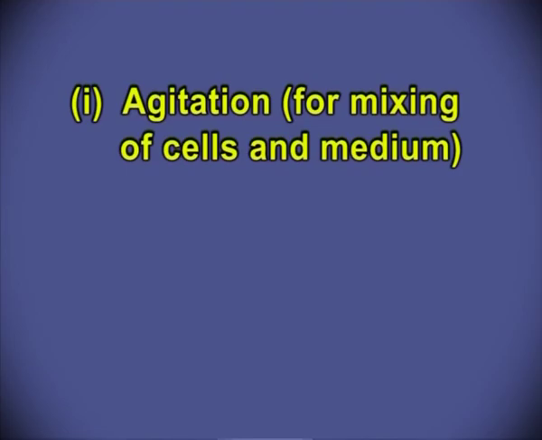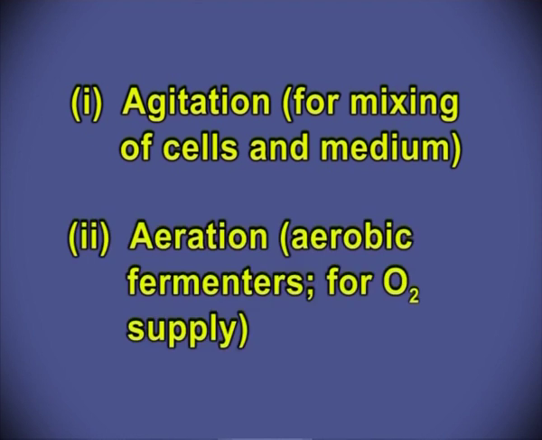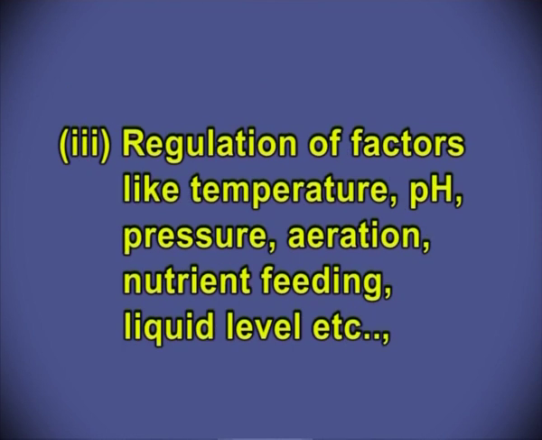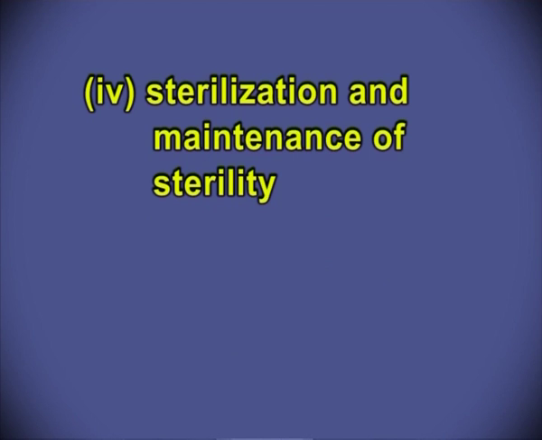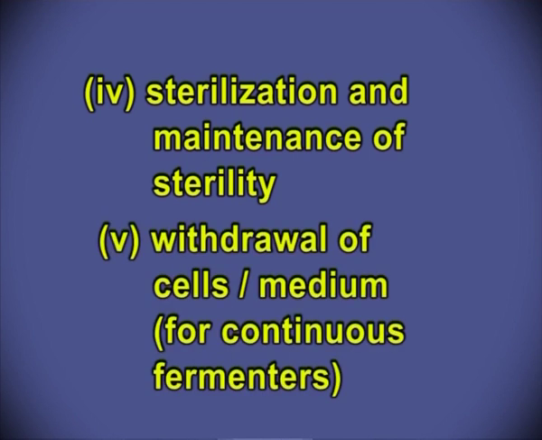In general, a fermenter should provide for the following: agitation for mixing of cells and medium, aeration, aerobic fermenters for oxygen supply, regulation of factors like temperature, pH, pressure, aeration, nutrient feeding, liquid level, etc., sterilization and maintenance of sterility, and withdrawal of cells or medium for continuous fermenters.